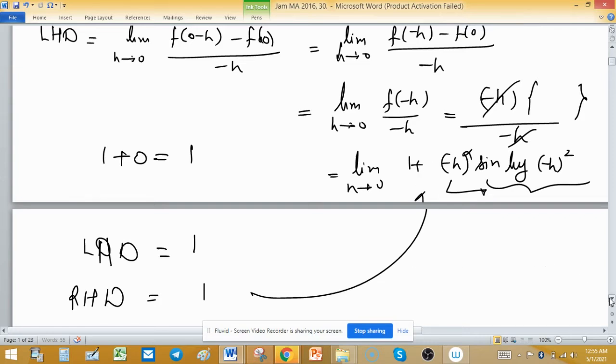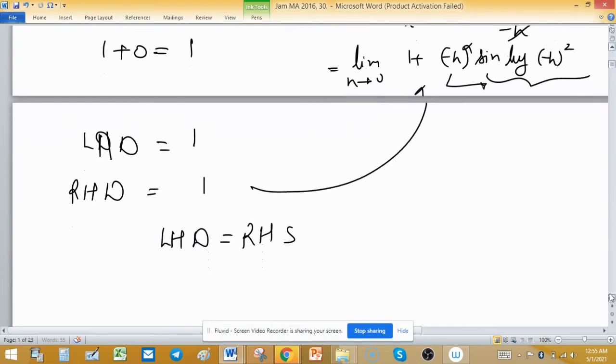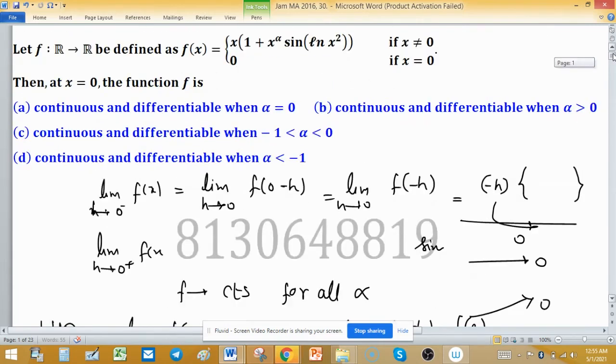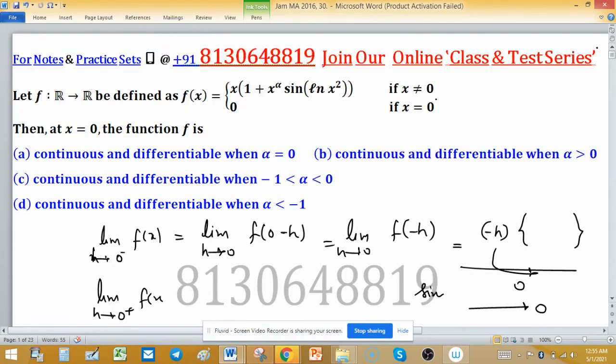So RHD is also 1, and these limits are free from alpha. So the function is differentiable at 0 for all values of alpha. This means all four options are true.